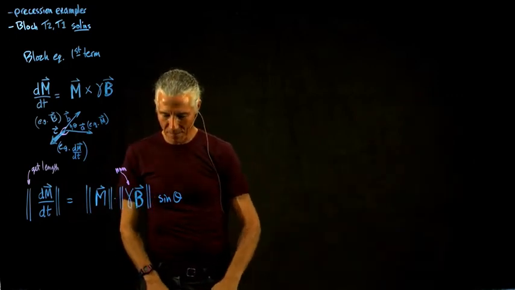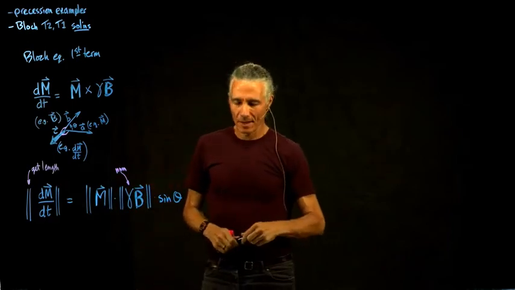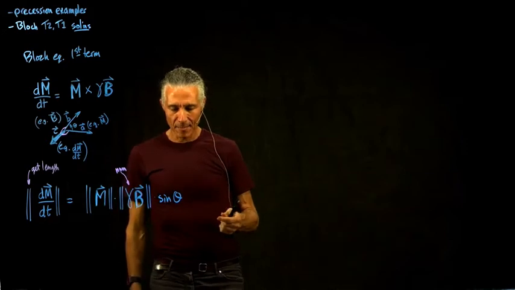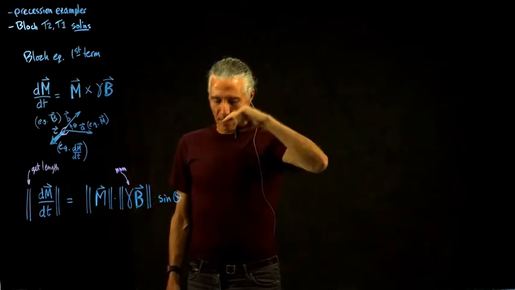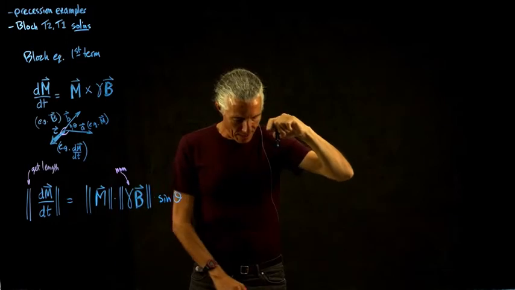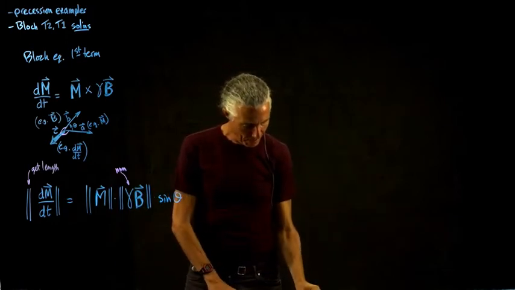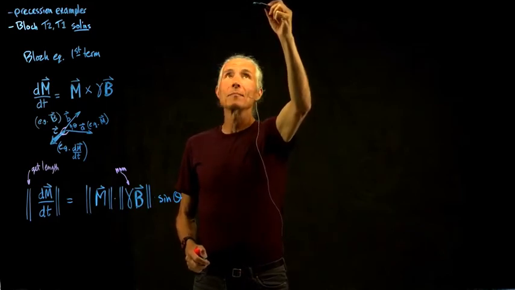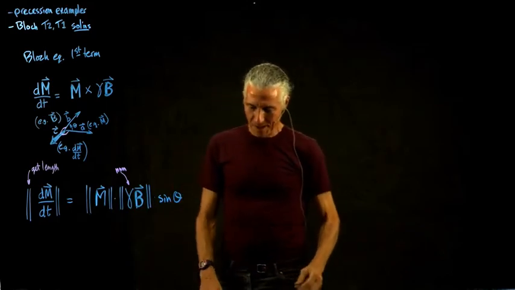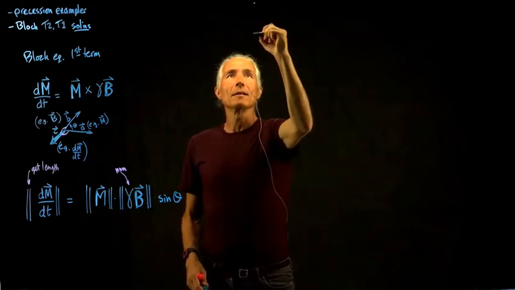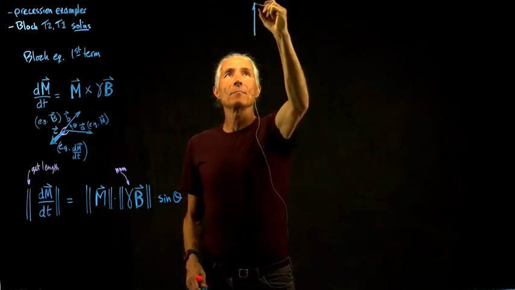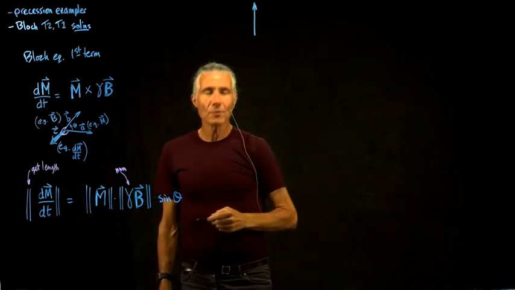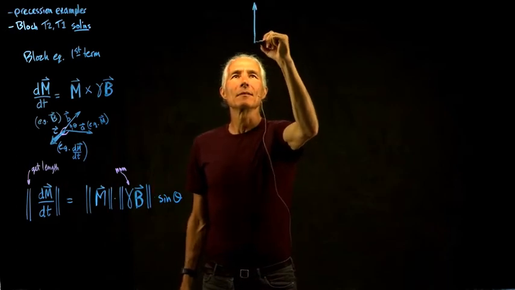Okay, so let's start off with what we talked about last time, which was just the basic precession operation. So if we start with a b vector, so there's our b vector, and we'll start with, let me get a little bit longer.